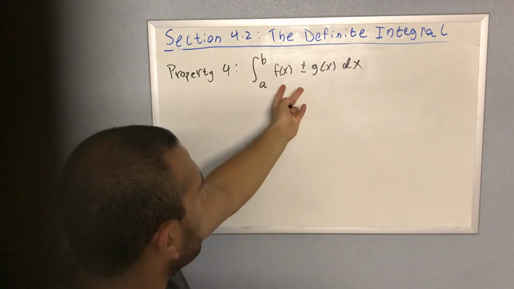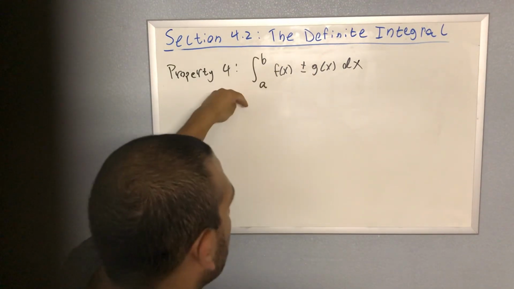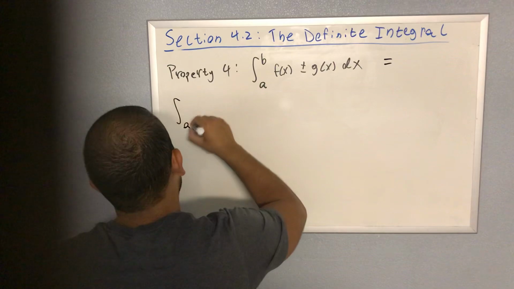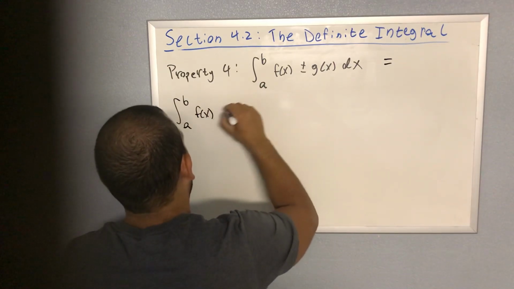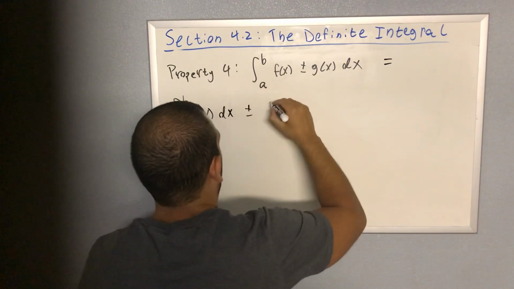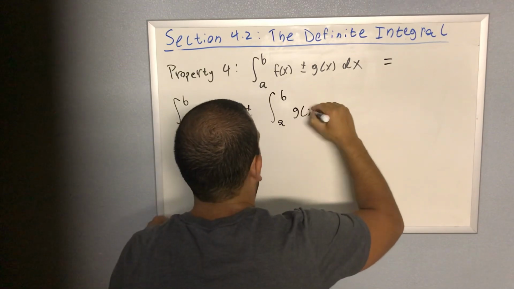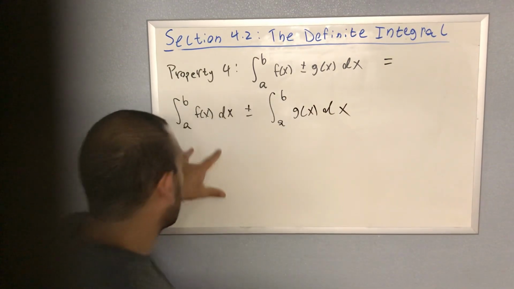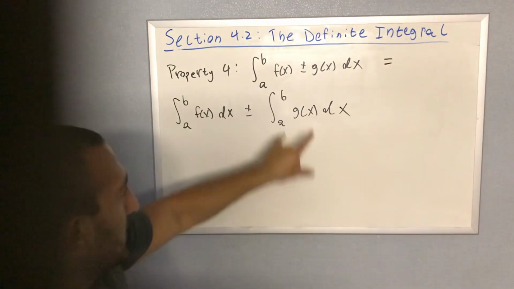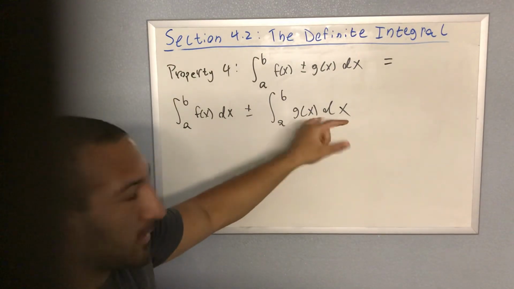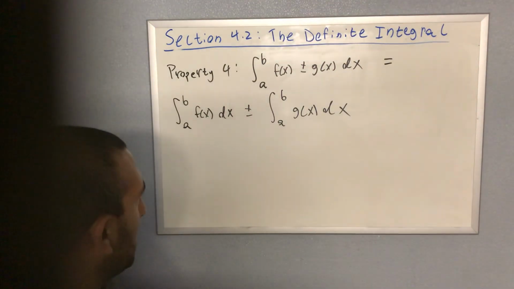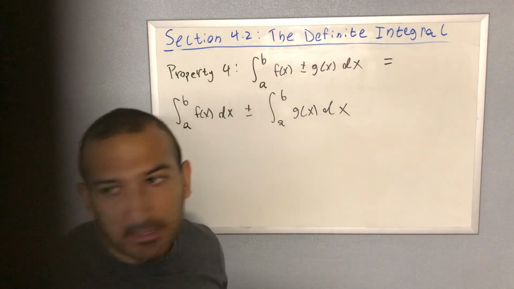If you're adding or subtracting two functions and you want the integral of that, you can take the integral of each one separately. So find the area under the curve of each function separately and then add or subtract them, or you just do it all in one go. This allows you to break it up into two different pieces and then add or subtract them. We'll see examples of this in a second.